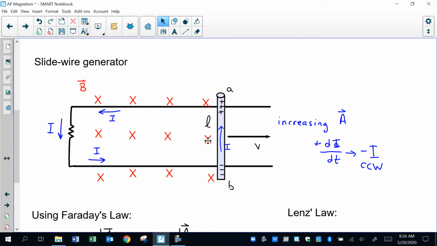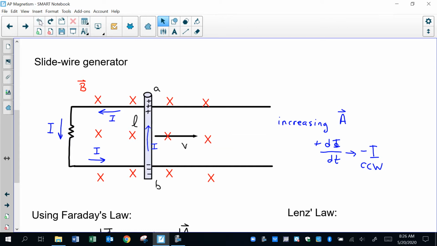If I make the area bigger, more field lines. So in doing this motion, what we have done is we have increased the area. So if I increase the area, my flux is going to increase. So my flux is increasing. I get a positive rate of change.